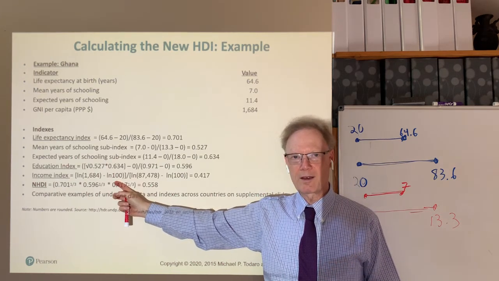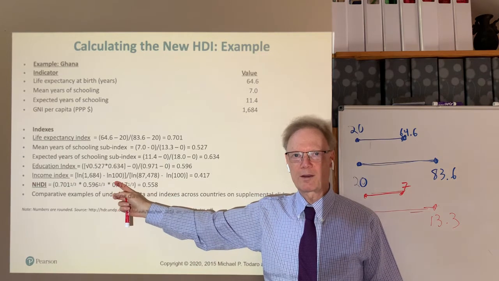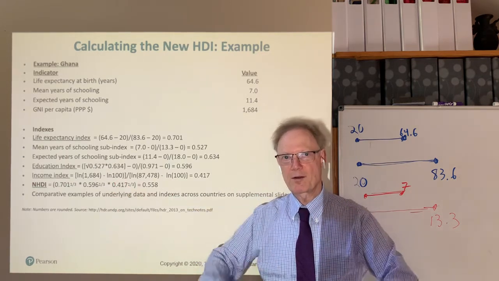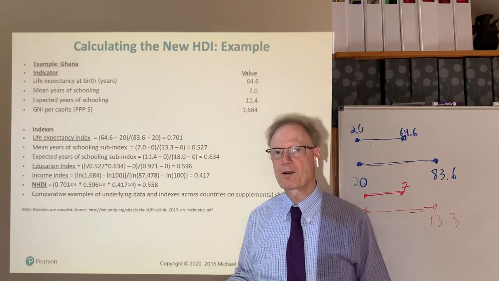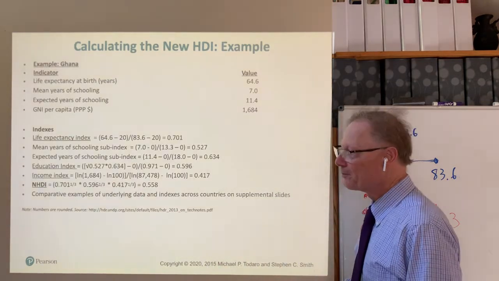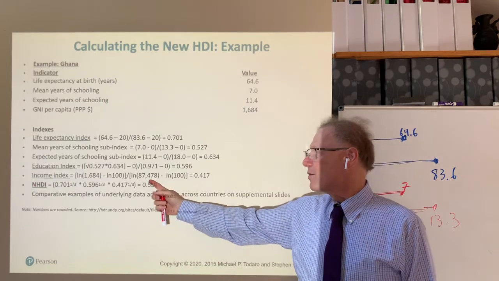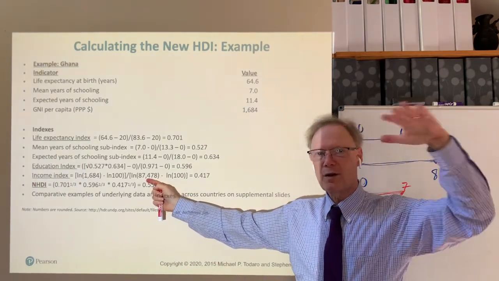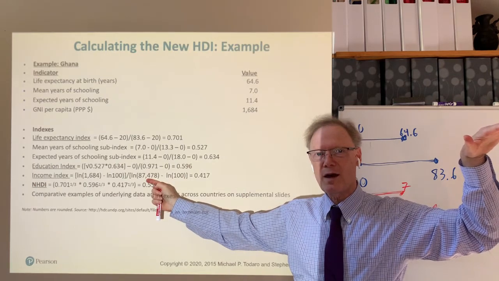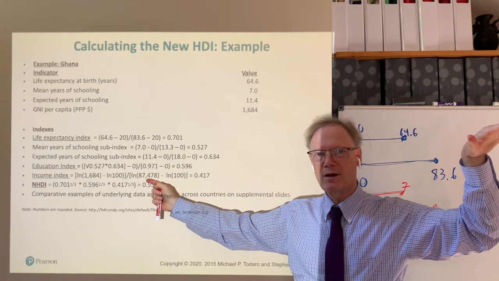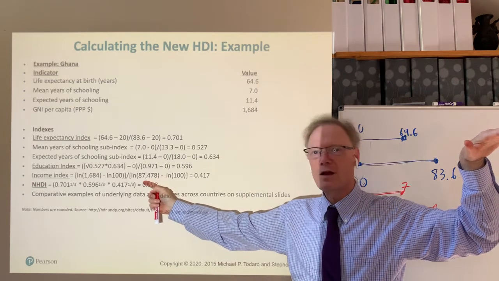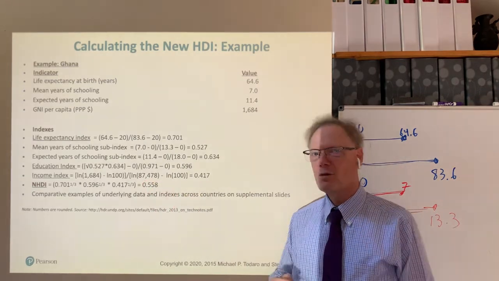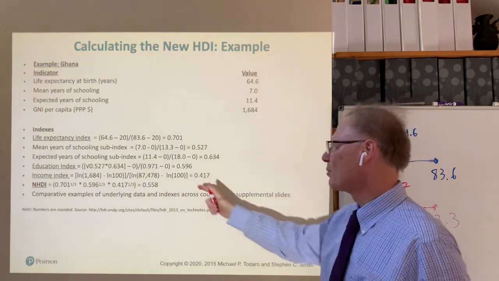A society living on this amount of income would die out. You can only do this maybe for a short period of time because you're living on your assets such as your grain storage and so on. So they then took as their upper aspirational target the highest income of any country in that year in income per capita, $87,000 plus. I think it was Luxembourg, we can look it up. And again, the lower goalpost is 100.